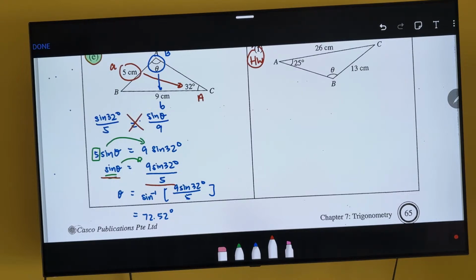So in this case, since it's obtuse, we have to reject the acute version of the angle, and we have to find the obtuse. Round off to 1 dp. Pardon me, this is 0.48.